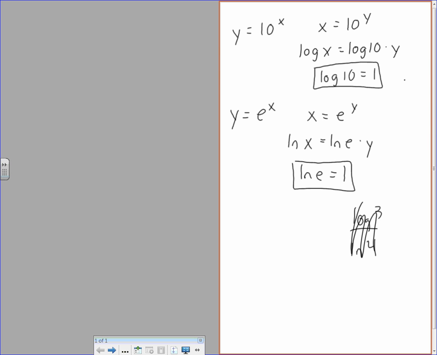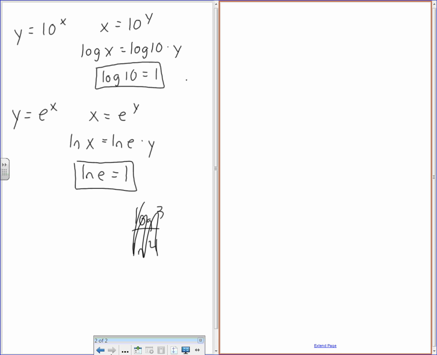Wait, so we can only use log when it's like 10, hundred? No. But all I'm saying is, if I say log of 100, that equals 2. So that's how logs actually work, okay?